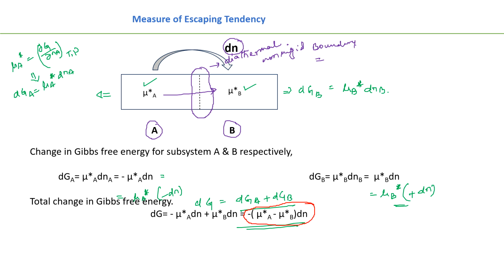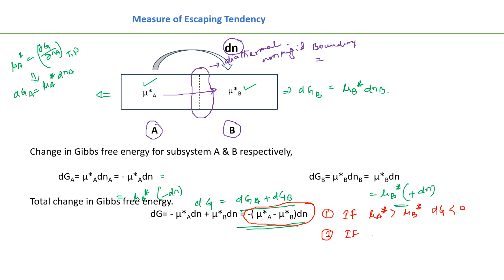Now from this equation we can draw three conclusions. Conclusion number one: if mu A star is greater than mu B star, then dG is less than 0. So obviously if A has higher chemical potential than B, then matter will transfer from A to B spontaneously.